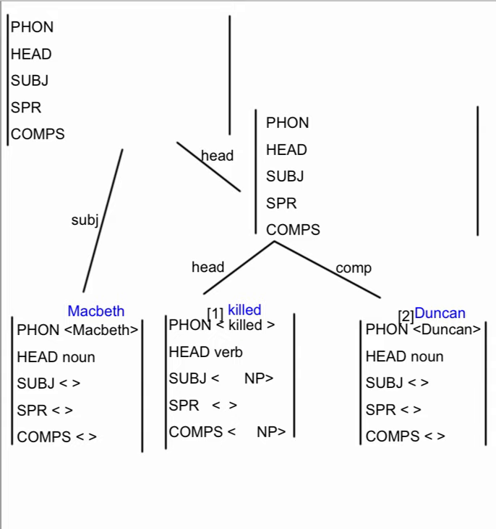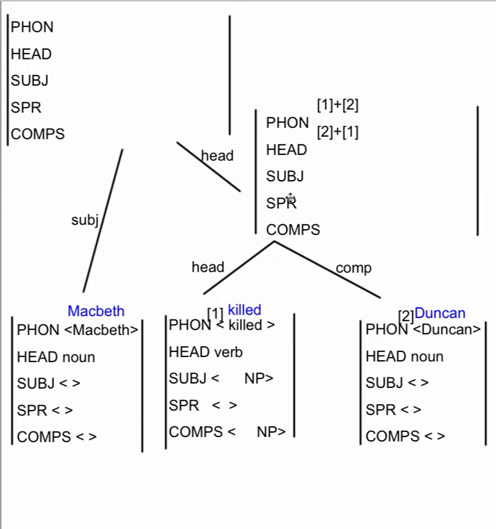So this means that I either get 1 combined with 2, which would be killed Duncan, or I get 2 combined with 1, which is Duncan killed.